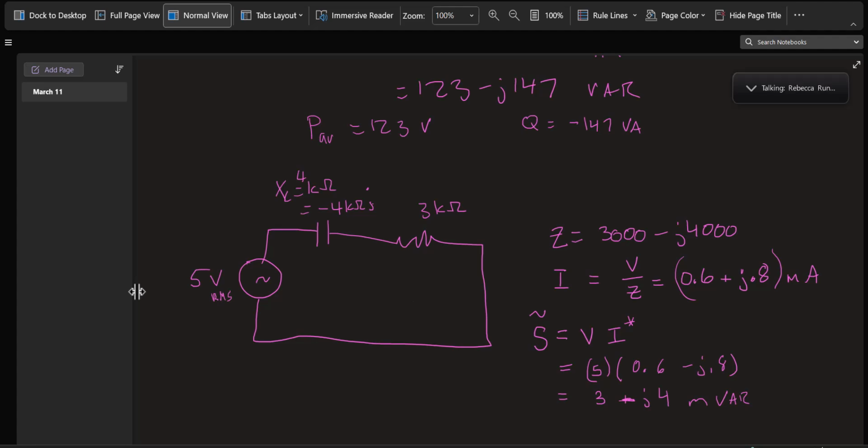What is the magnitude of the current? So here's our current. What's its magnitude?